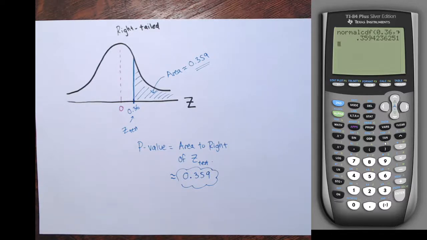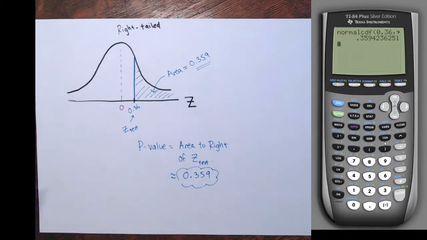And then to make your decision about whether to reject the null hypothesis or not, remember, you compare the p-value to the significance level, alpha. If the p-value is less than or equal to alpha, you reject the null hypothesis. And if the p-value is greater than alpha, you don't reject the null hypothesis. But we're not doing that here. We're just asked for the p-value.